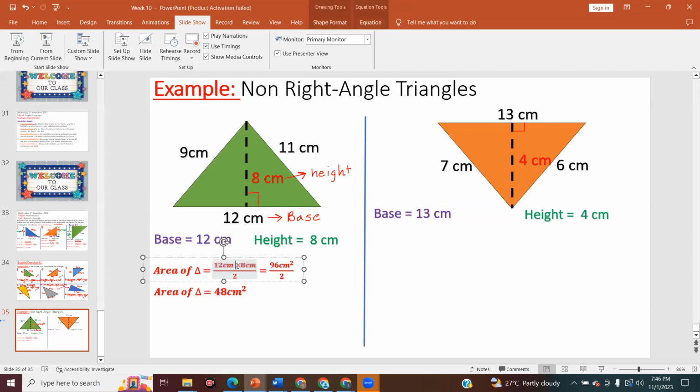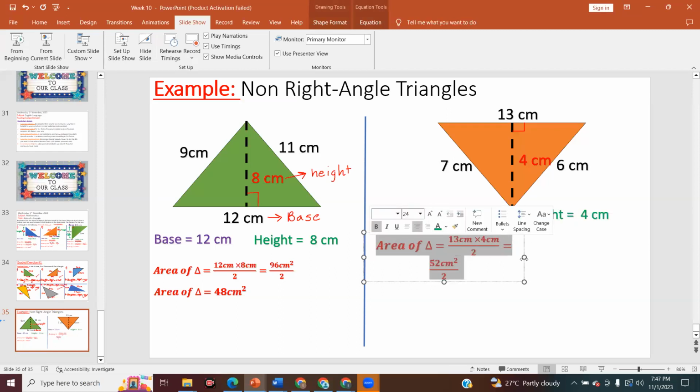So let's do the equation. The area of the triangle is base times height, divided by 2. What is the base? 13 centimeters. What's the height? 4 centimeters. What is 13 times 4? 52 centimeters squared.